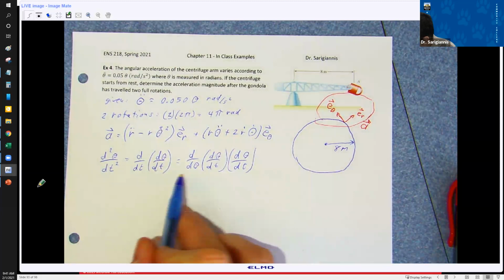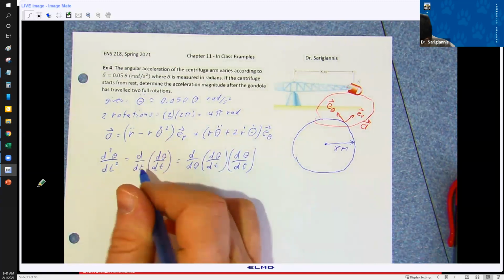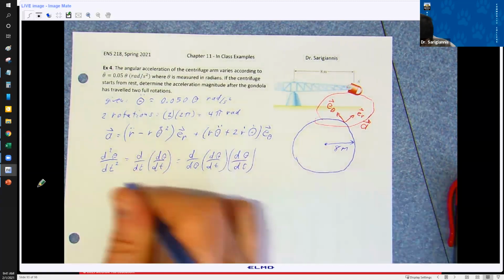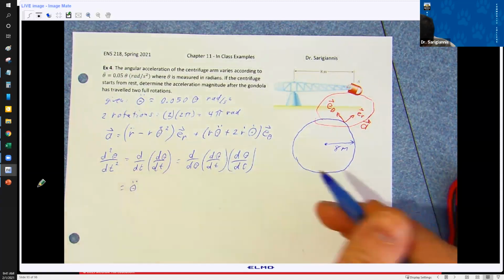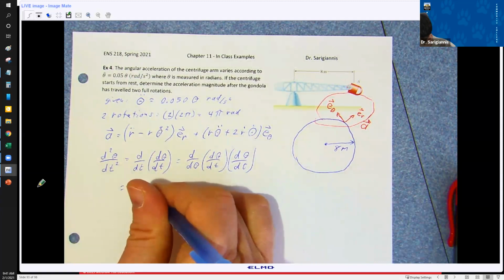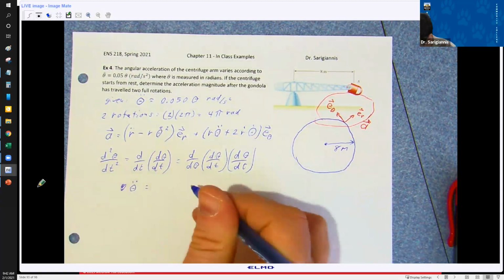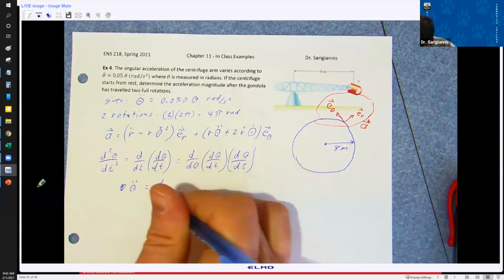So all this is telling me is that theta double dot is equal to theta dot times d theta dot over d theta.